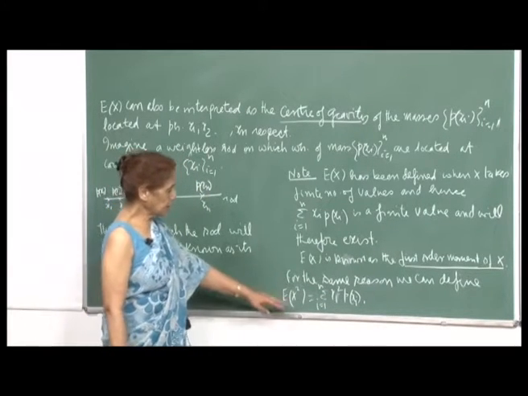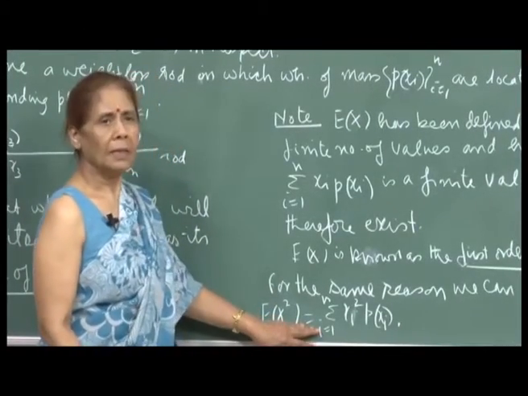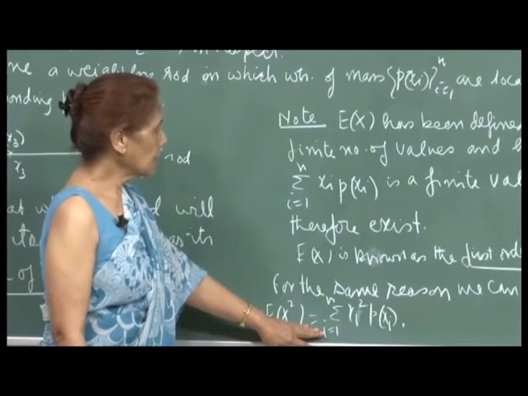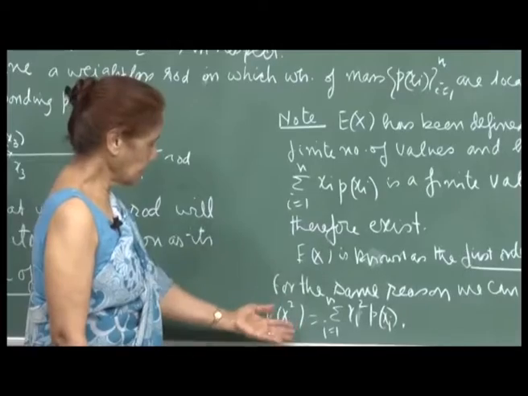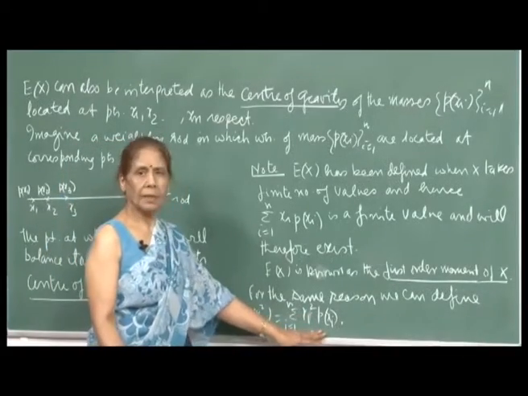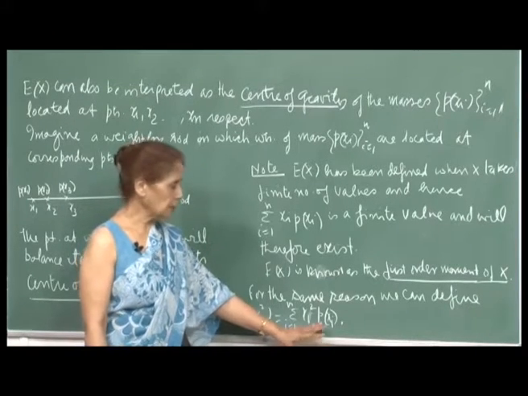Even if the random variable X takes countably infinite values, I can take any function of X, and accordingly write down the expectation of that function of a random variable.